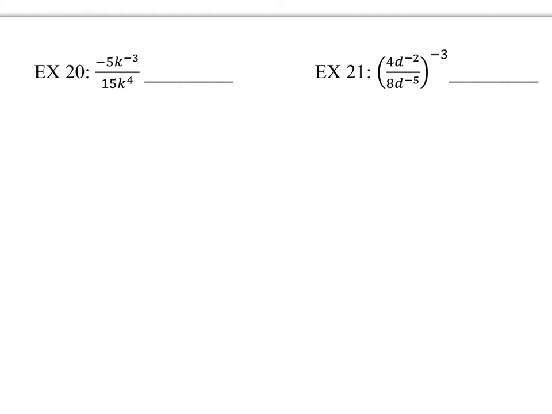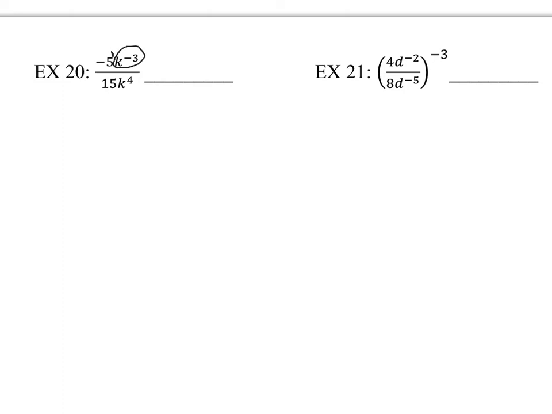All right. Now make sure you're not getting negative numbers and negative exponents mixed up. So in example 20, negative 5 is a negative number. It technically has a positive 1 exponent on it. So imagine there's a positive 1 exponent there. K to the negative third, the k is what has to move. The negative 5 can stay right where it's at.